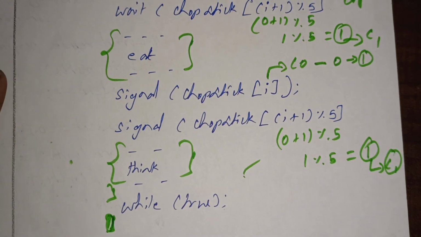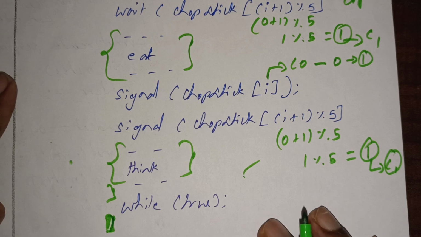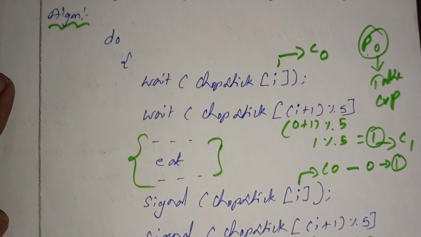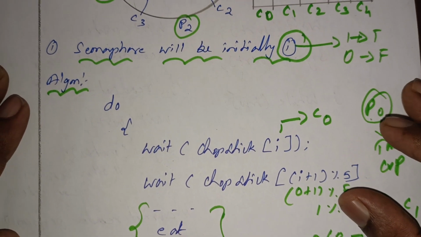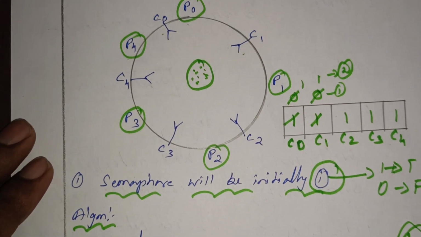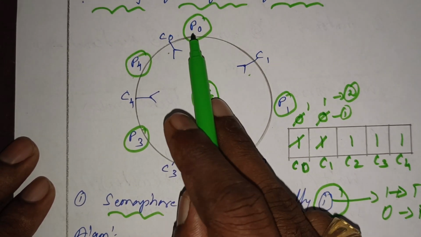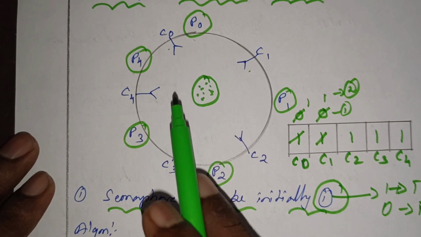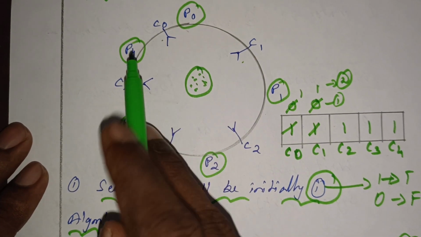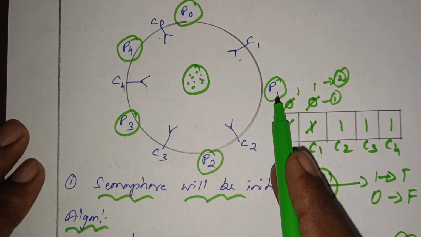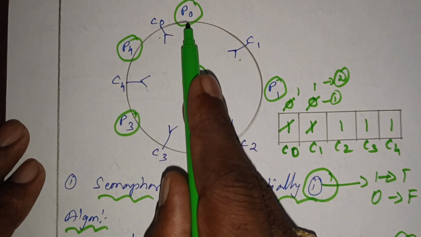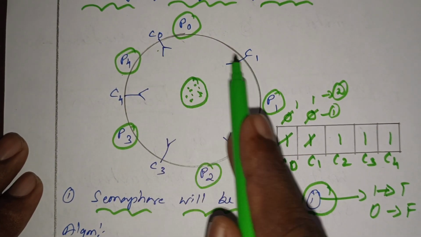Now you can check it. Only one philosopher is allowed to eat with the adjacent chopsticks, right? If P0 is eating, which two philosophers don't have a chance to eat? P4 and P1 cannot eat once P0 has picked these two chopsticks.